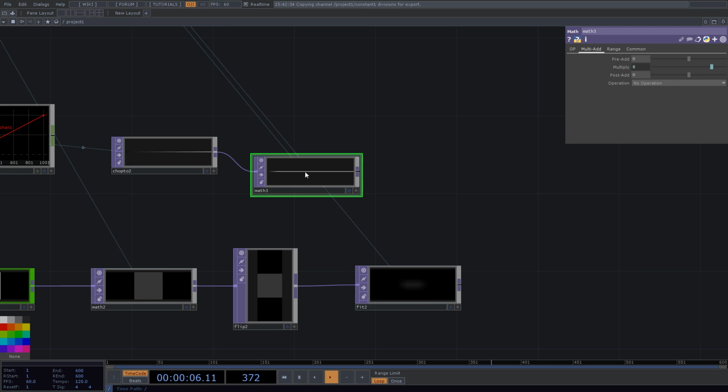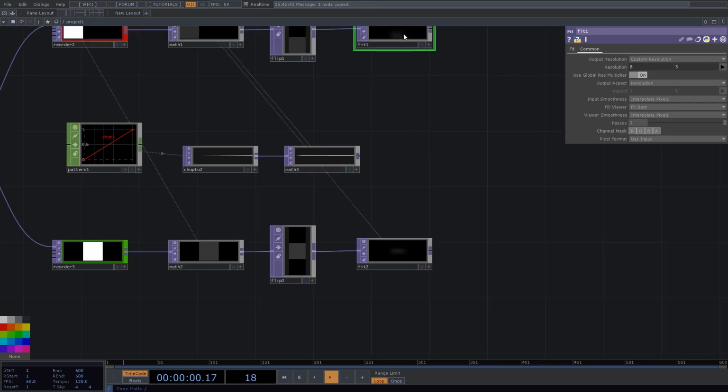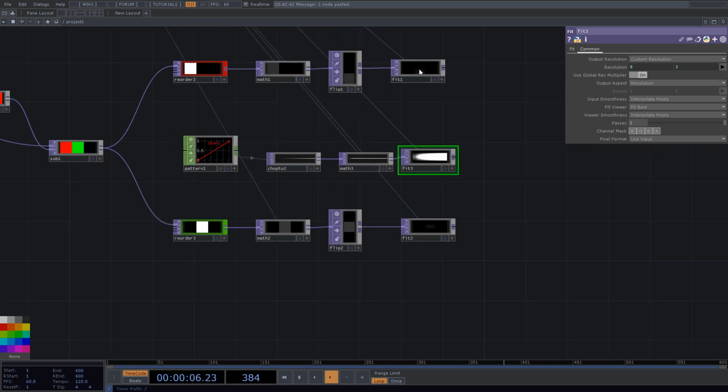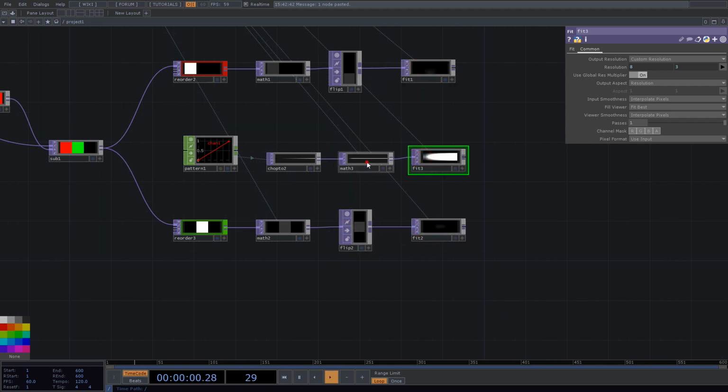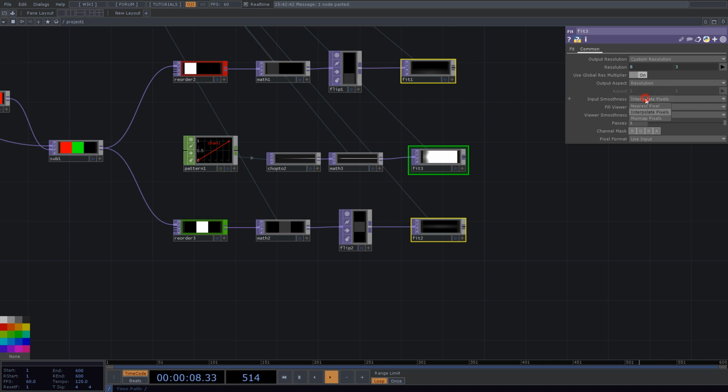Okay, and we also need this fit, and let's be sure in all the fits here we stay with the fill and nearest pixels.